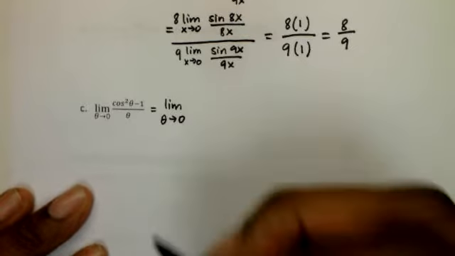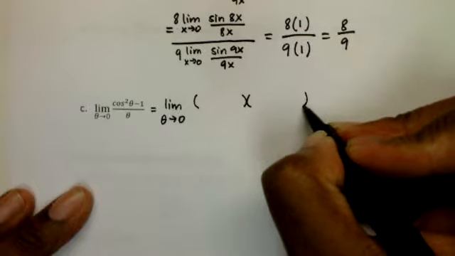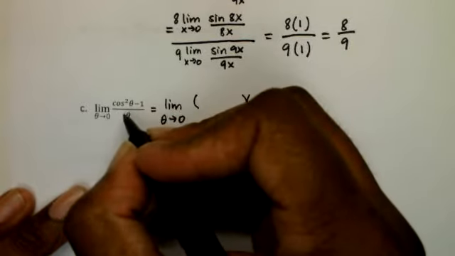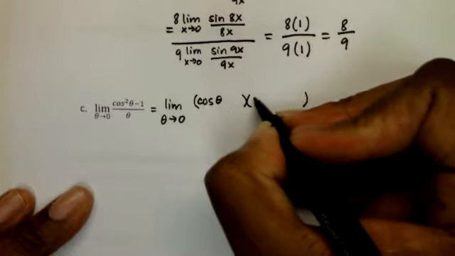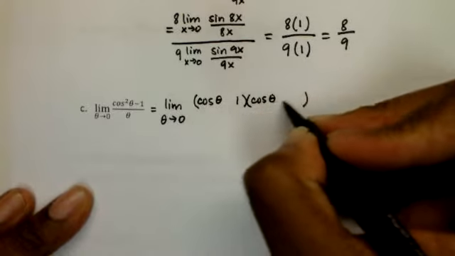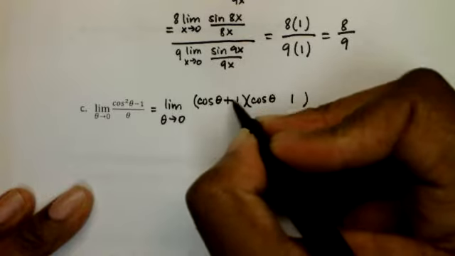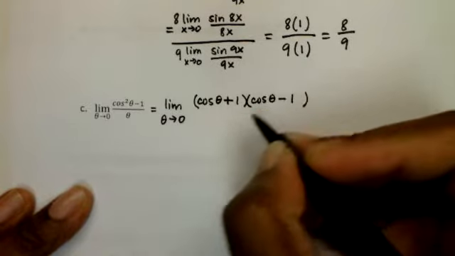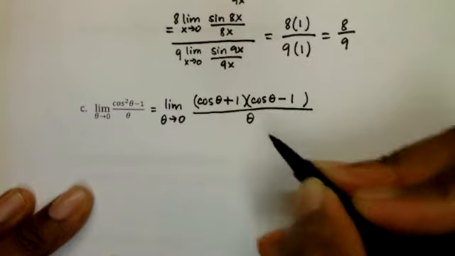I can factor that into the sum and the difference of the same 2 terms. Cosine squared theta breaks up as cosine theta times cosine theta, and 1 would just be 1 times 1. And it's a difference of 2 squares. One must be plus, the other one must be minus. That's divided by theta.